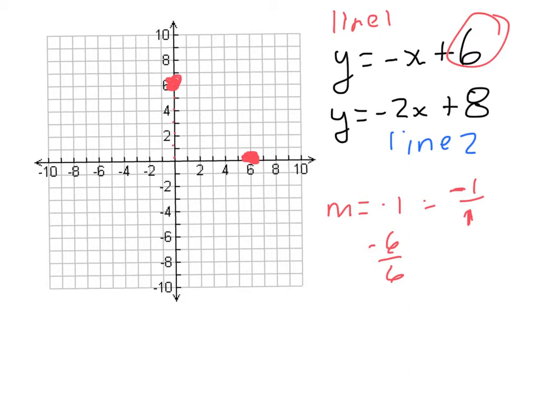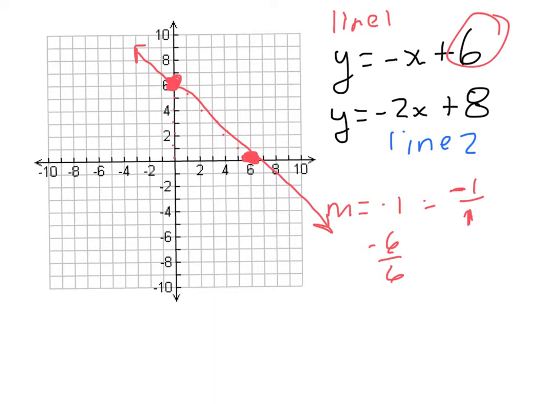There's a bunch of points in between. All of the points on this diagonal are part of the line, so this line's going to look like this.